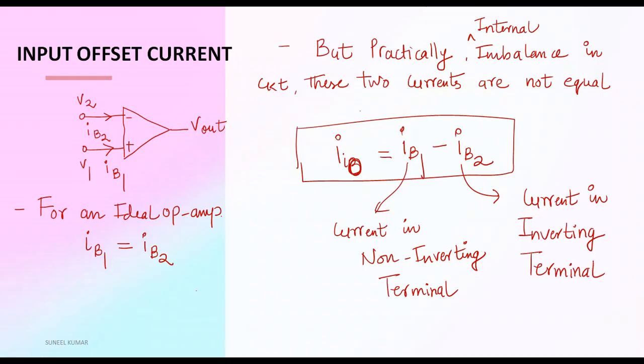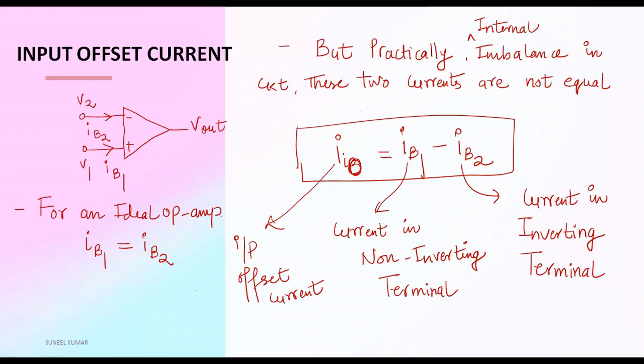The difference of these two currents is known as the input offset current.